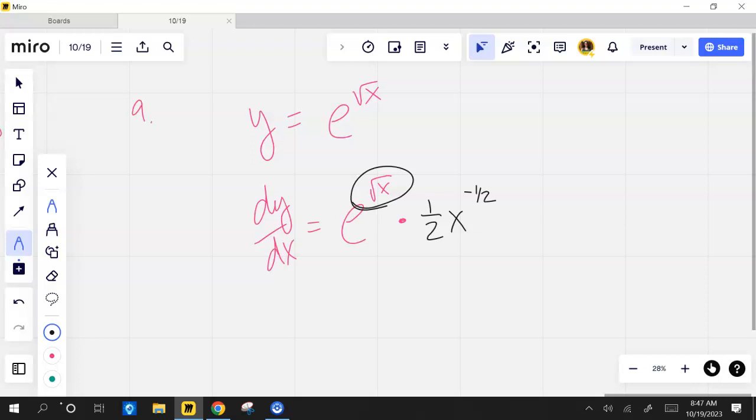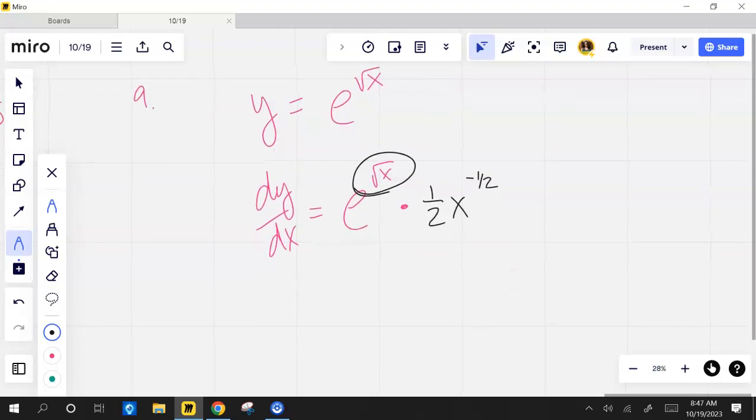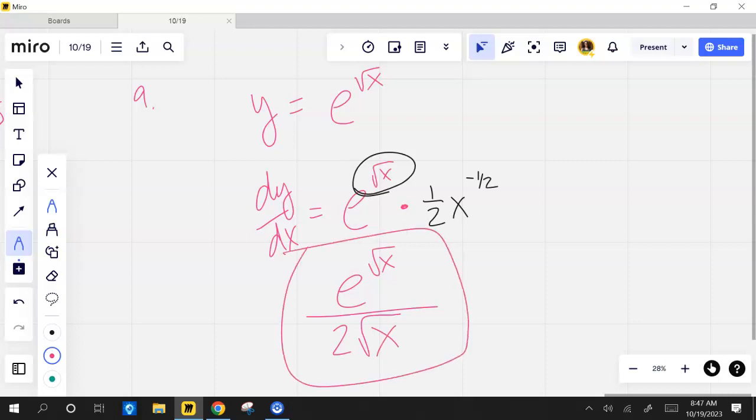Right? With me? So I can clean it up a little bit. Y'all okay if I do that? That's it.